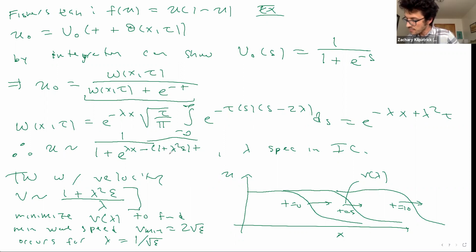But once you introduce this diffusion term, this is the modulation that you end up getting for your speed, and you recapture this minimum wave speed result that you can get other ways, like using phase plane analysis for Fisher's equation. So that's the case of nonlinear diffusion. Any questions about that before we wrap up for today?